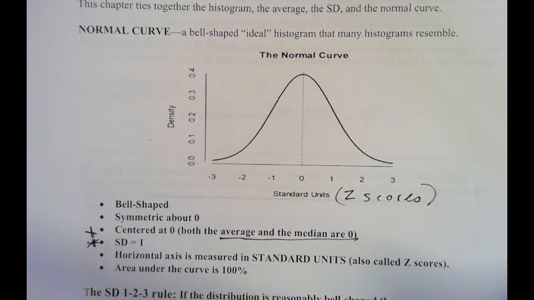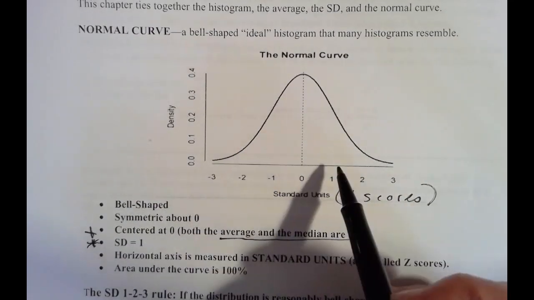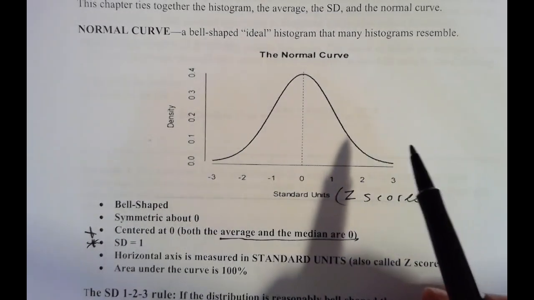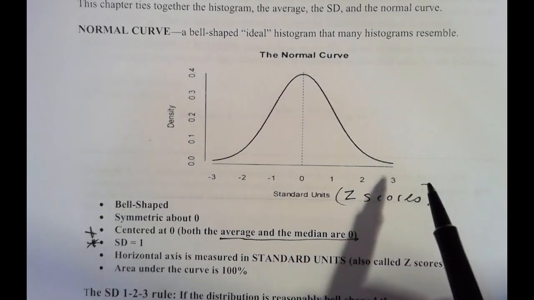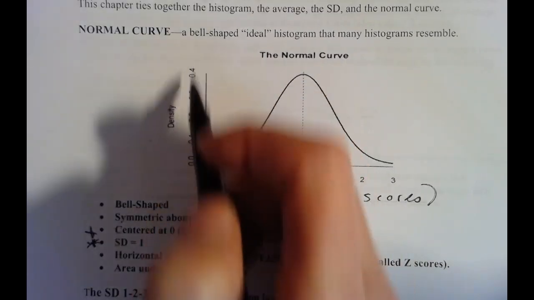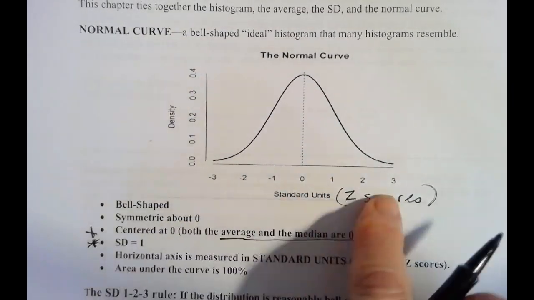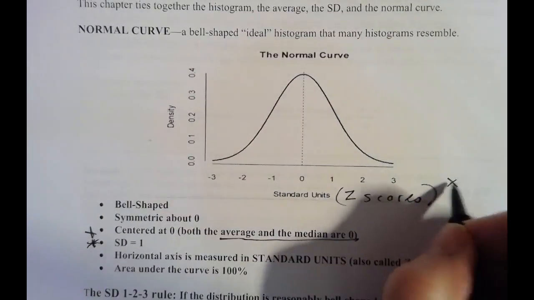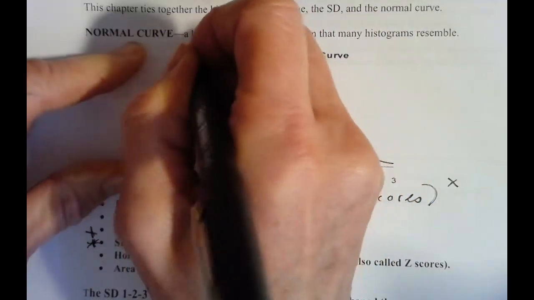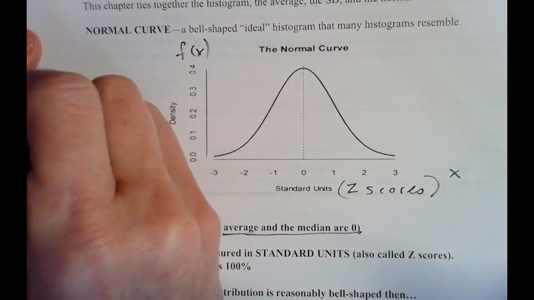So for these data sets, we can approximate any type of areas under the actual histogram with this idealized normal curve. So here's the density, or the height. So this is the x-axis here, and we can describe the height with this formula for the normal curve.